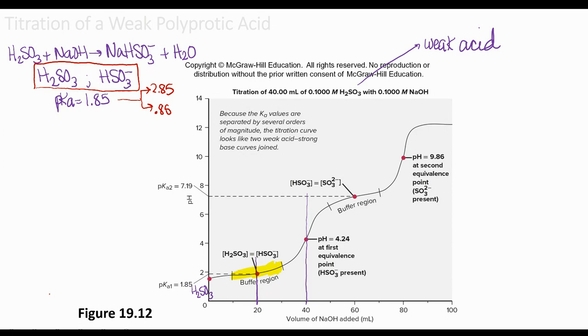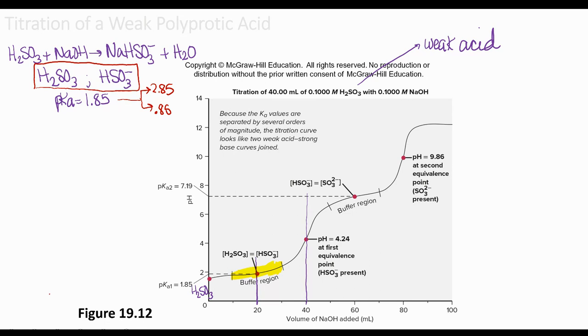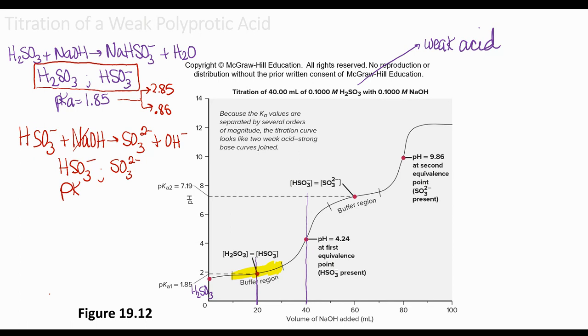Okay. The second buffer is HSO3 minus plus more base, so continuing in the titration to give, and is it okay if I ignore the sodium ion? So it'll just be SO3 2 minus plus hydroxide. So the next buffer region is HSO3 minus with the sulfite ion. That pKa2 is 7.19.